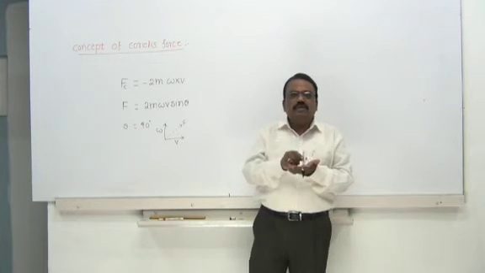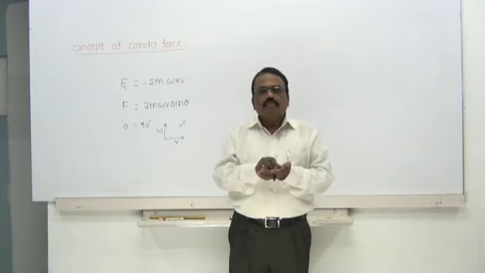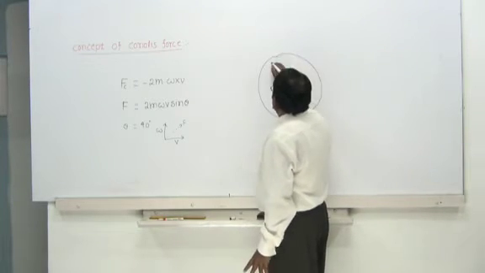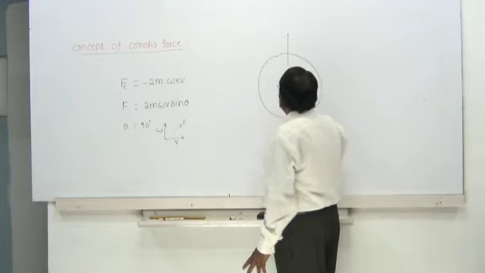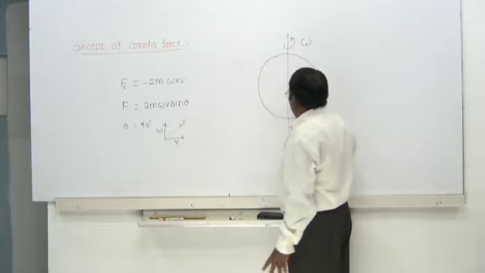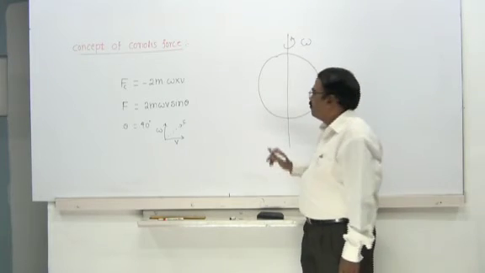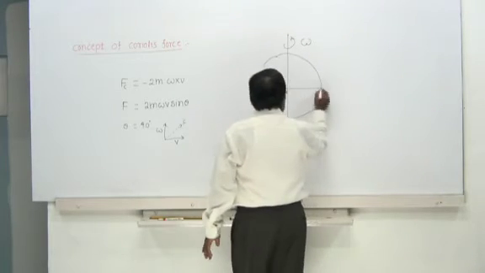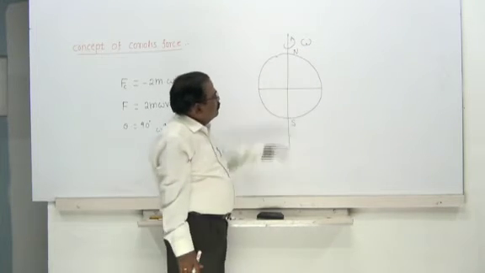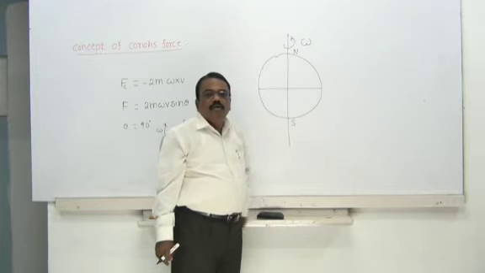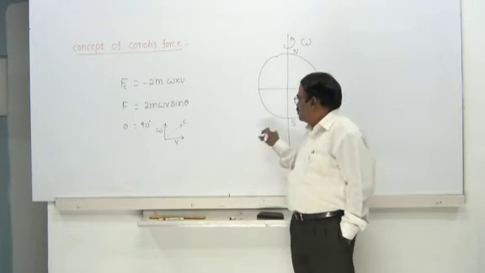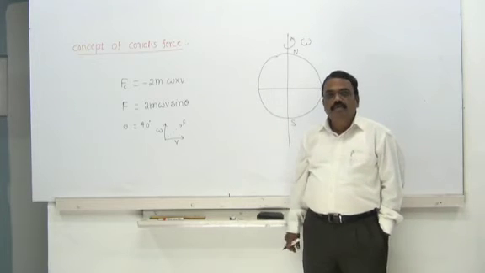Because of this condition, assume that Earth is rotating with constant angular velocity omega about this axis, and this is north and this is south. The upper part is called the northern hemisphere, the lower part is called the southern hemisphere.